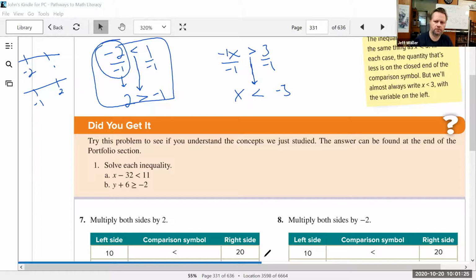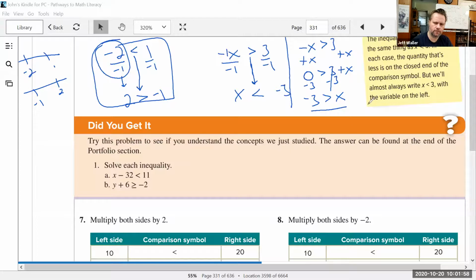All right, let me do one more thing here. I'm going to do this problem in a really weird way. I'm going to add x to both sides. What's negative x plus x? That's right, kids, 0. And then I'm going to subtract 3. Can somebody read what this says for me? -3 is greater than x.